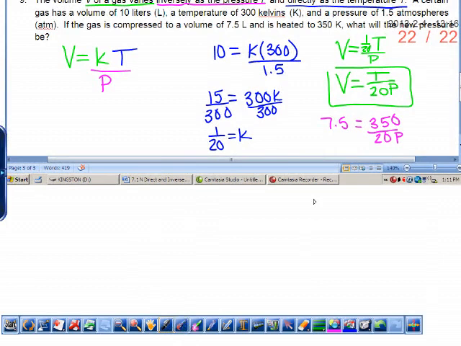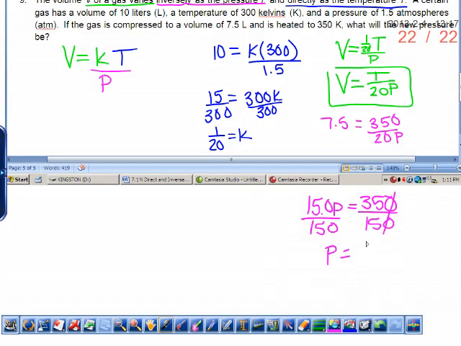So what's 7.5 times 20? 150. So 150P equals 350. Divide both sides by 150. So P equals, the zeros cancel, 35 over 15, which reduces to 7 over 3. And what are our units?